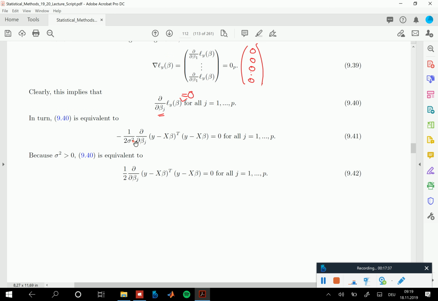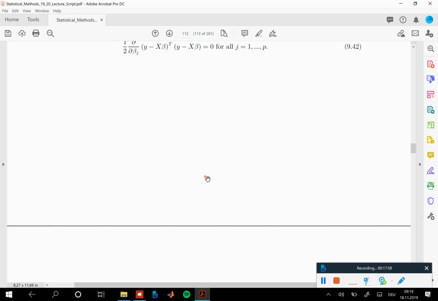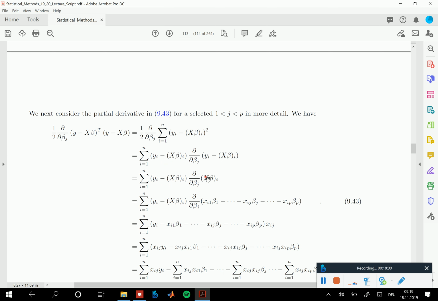And if this is 0, we already know that the second term, the 1/2 partial derivative, is equivalent to 0, because sigma square cannot be 0, so this must be 0. And then one has this equivalence.